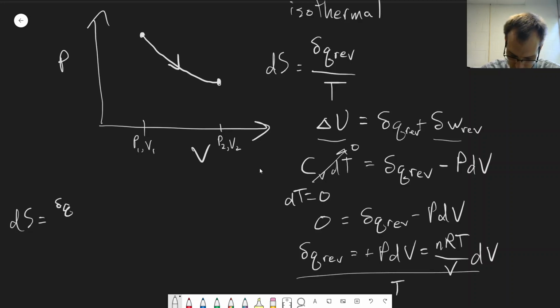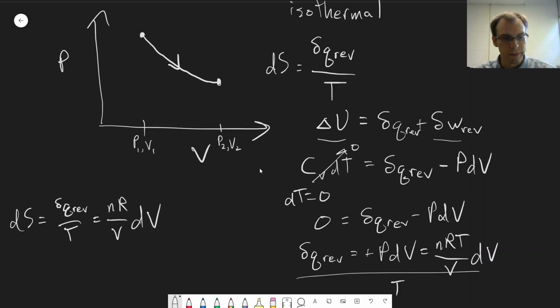So dS is dq reversible over T, which is equal to nR over V dV. And then we just need to integrate this from V1 to V2. So if we want delta S, we need to go from 1 to 2. And integrating this expression here, we're going to go from V1 to V2 since we're integrating over dV here.